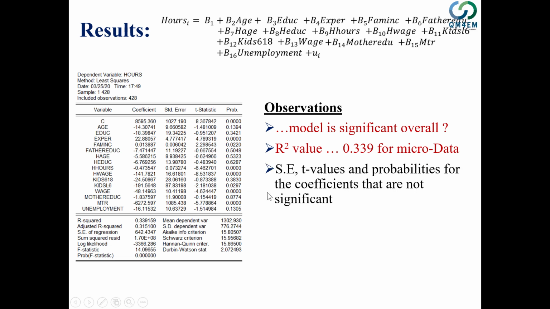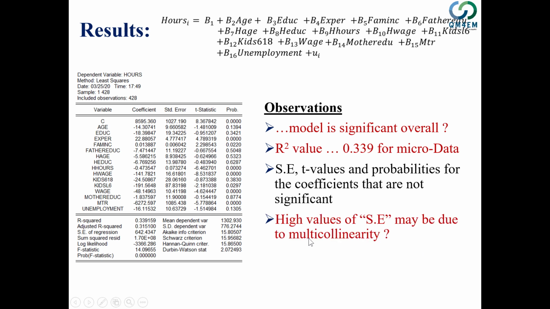And then look at the standard errors, t values and probability values of the coefficients that are not significant. So we have an overall not that bad fit, with a not so low value of R square given that it's micro data. We have a lot of statistically insignificant coefficients.